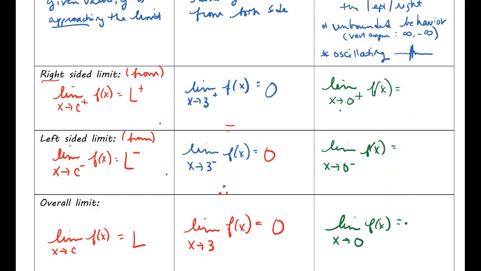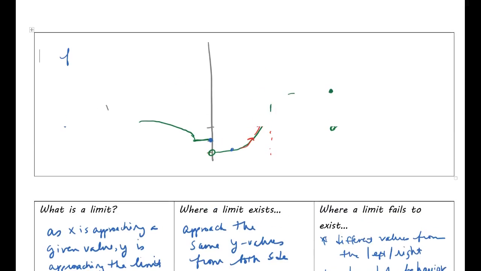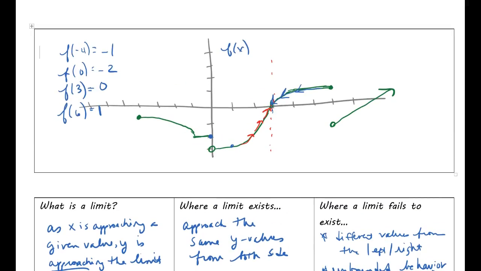But that's what we're doing, the limit from the right, from the left, and then overall. So let's go look at our picture when x is 0. Okay, I'm going to draw that same, like a dotted line almost, through x is 0. Because the idea is that the dotted line is what we're trying to approach, and we just need to go to both sides of that dotted line and see what's happening.